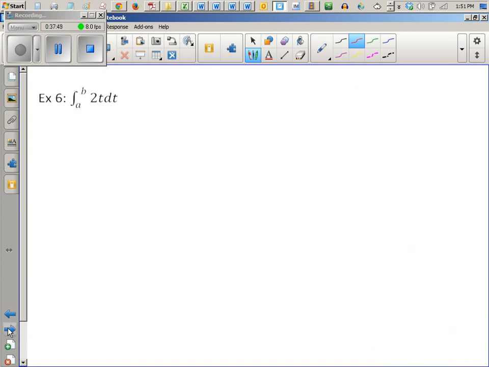Okay, this one's a little bit more confusing just because there's fewer numbers. And it looks like the integrand is 2t. So since we don't know t, we're just going to draw the line y equals 2x, sort of. So I'll label everything the way it should be labeled. This is t, and this is the line y equals 2t.